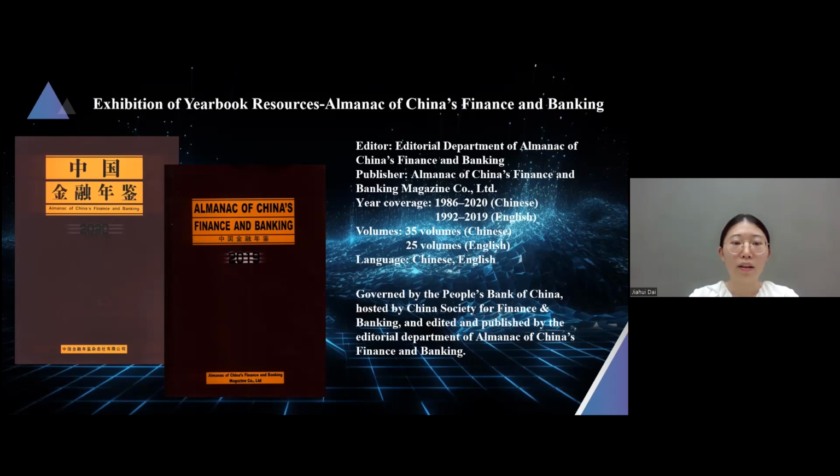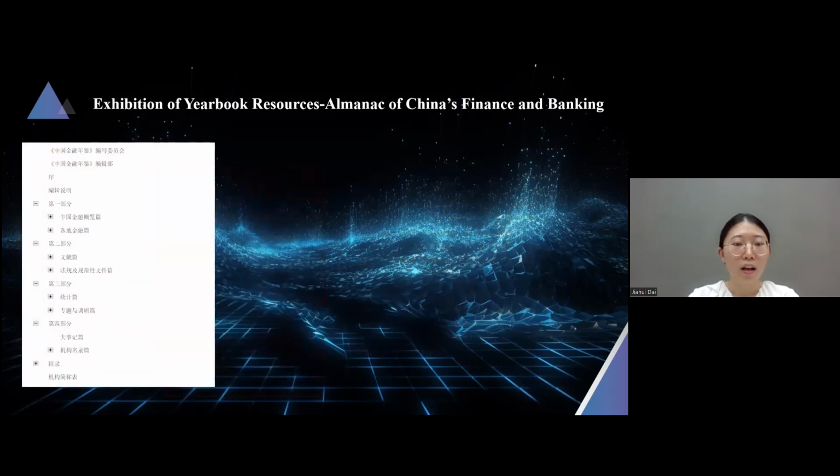The yearbook systematically and comprehensively records the development of China's financial industry, covering banking, securities, insurance, and other commercial financial institutions.